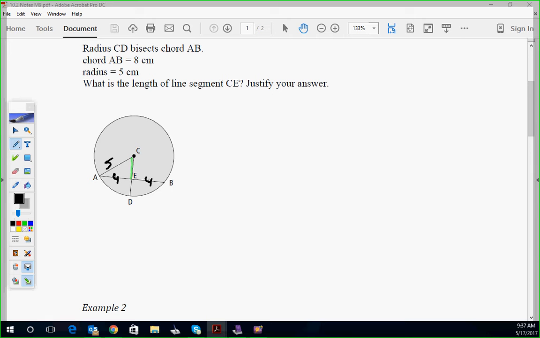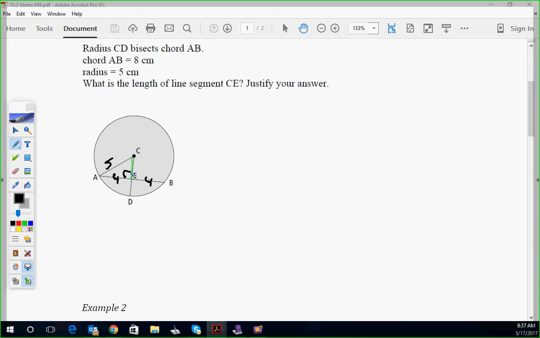Perpendicular bisector. So from the center of a circle, if I take a radius and I go through a chord, any chord, and we're going to do this on example 3, which I think is kind of neat, if I say it bisects it or it's perpendicular, it means the other thing as well. So in this example, that means this is perpendicular by definition, which we need so we can use Pythagorean theorem to find this side.